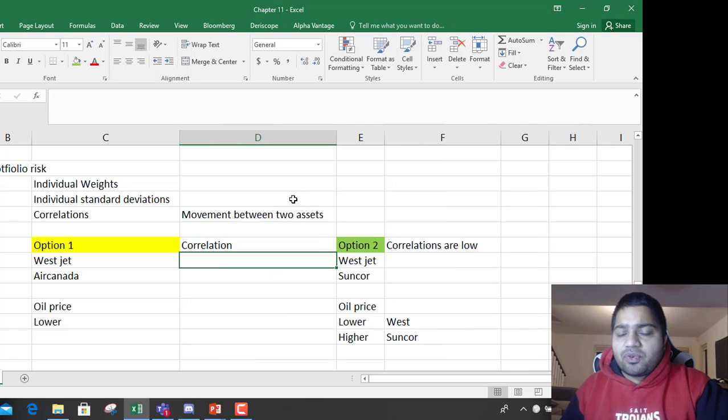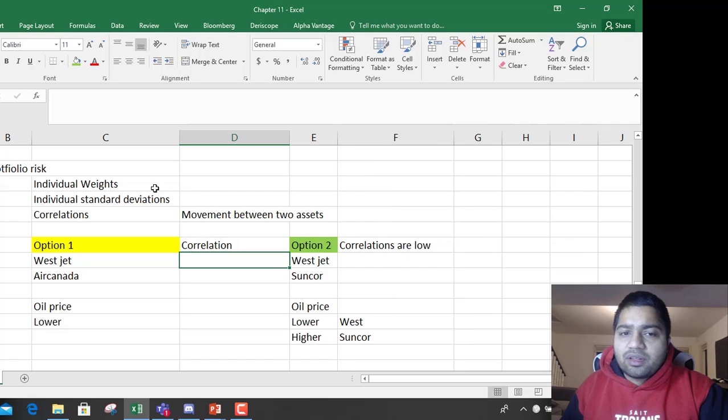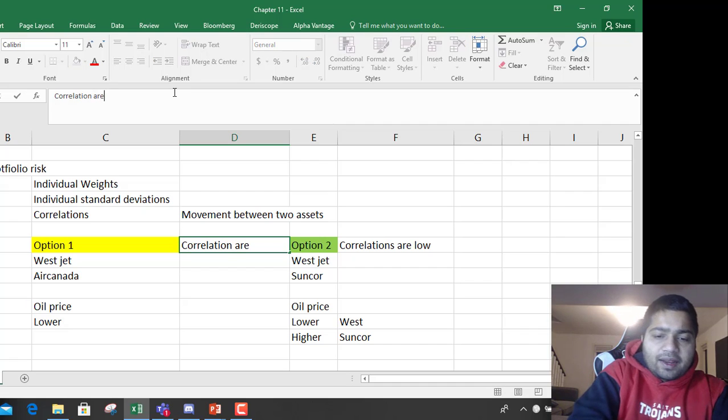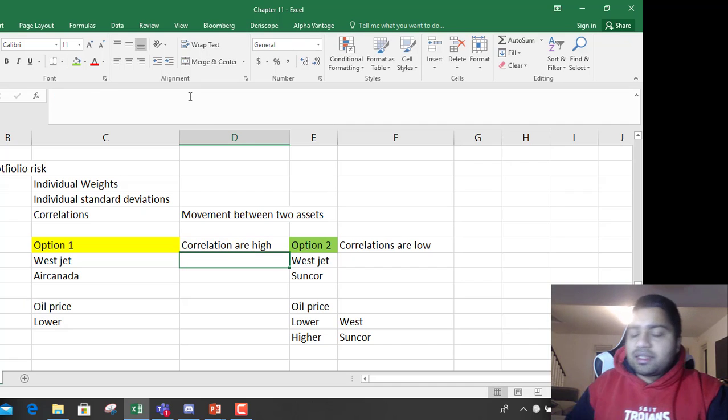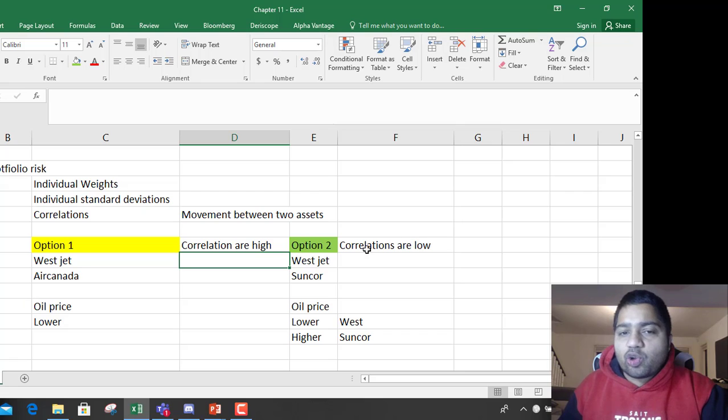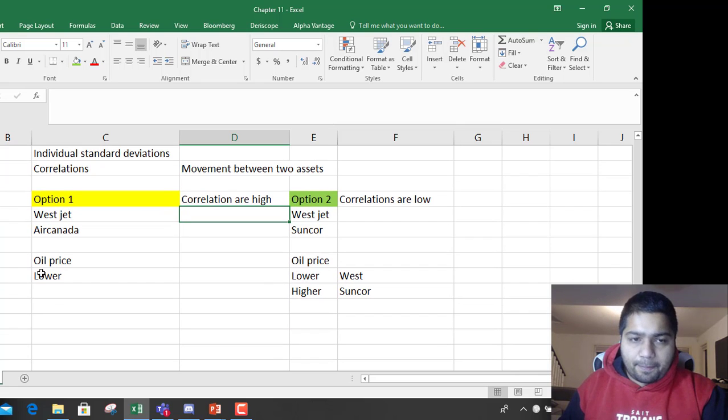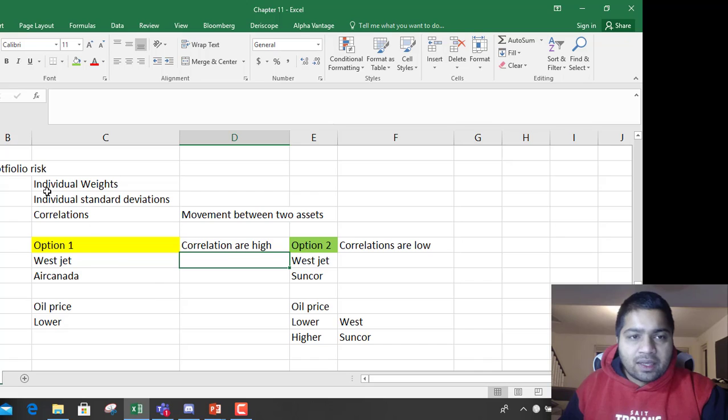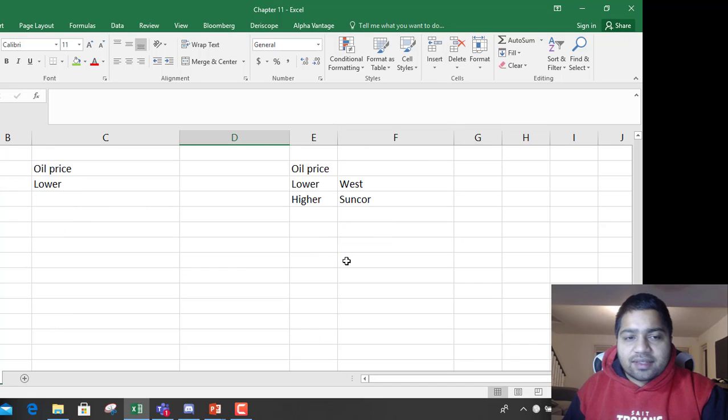If correlation is high, risk will be higher. If correlation is low, risk will be lower. So coming back, portfolio risk depends on individual weights of assets, individual standard deviation, and correlation, the movement between two assets.